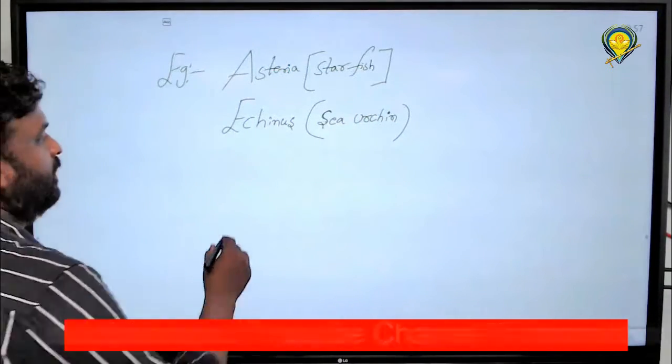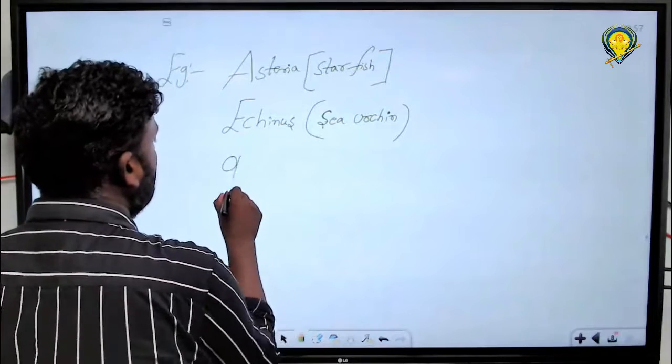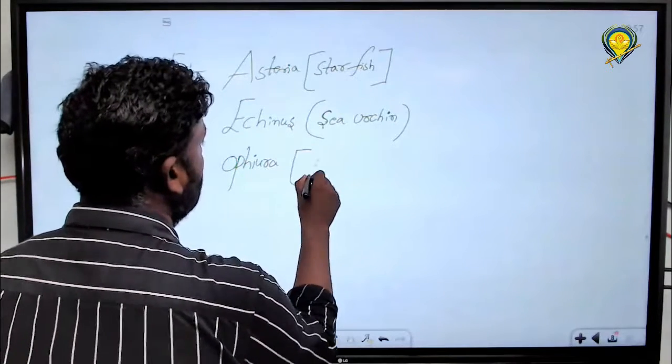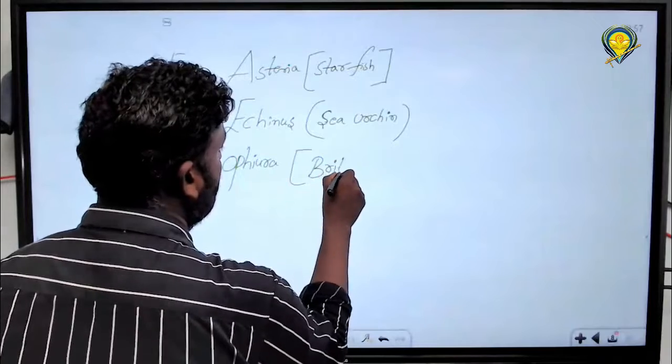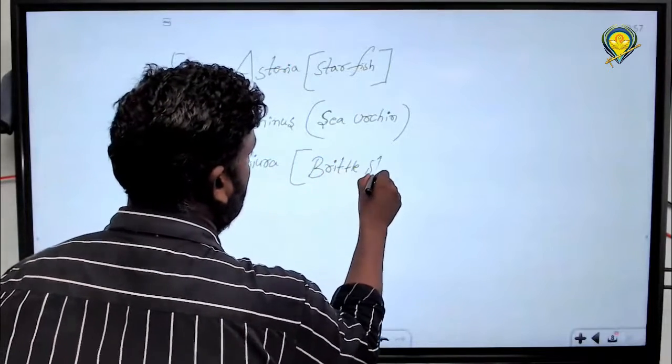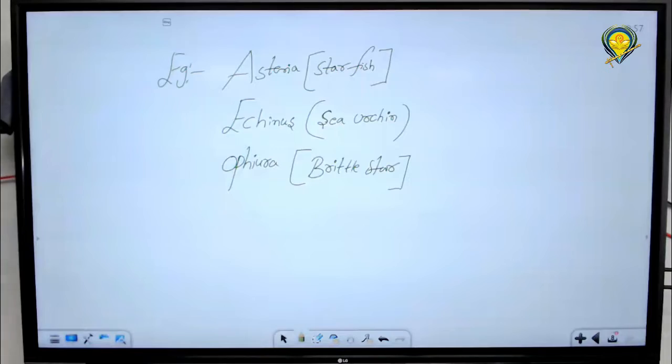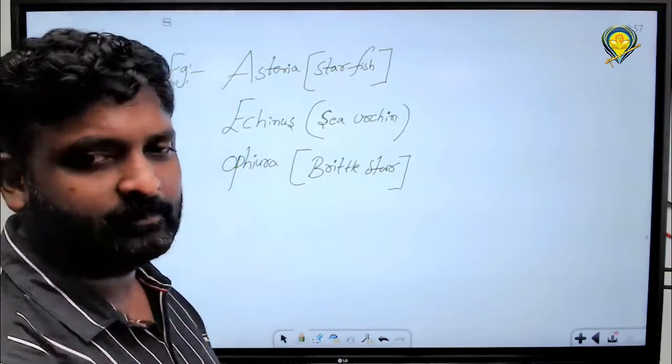Right? Next one, Ophiura. What is it? Brittle star, Ophiura. Right? Next, what are the examples remaining?